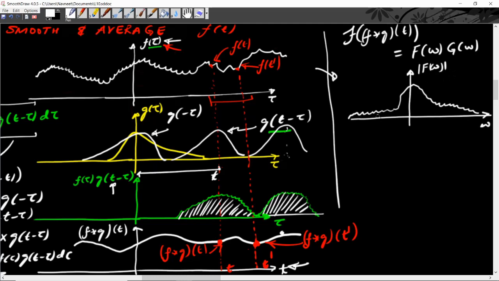Essentially what we have is some frequencies in this spectrum which might correspond to the true signal, and there are many other higher frequencies that correspond to the noise. Now let's say the Fourier transform of the function g looks something like this.